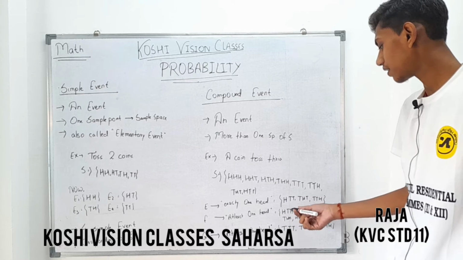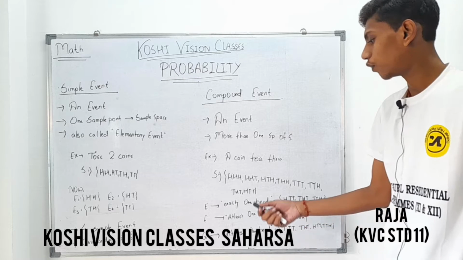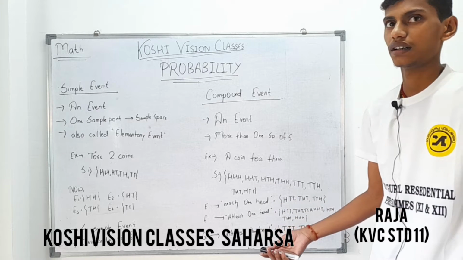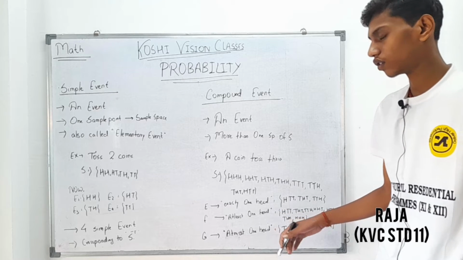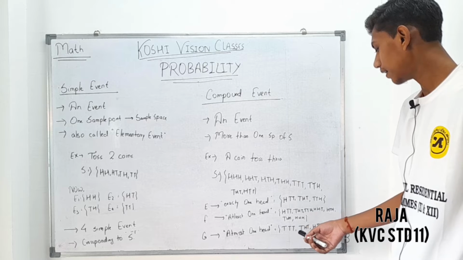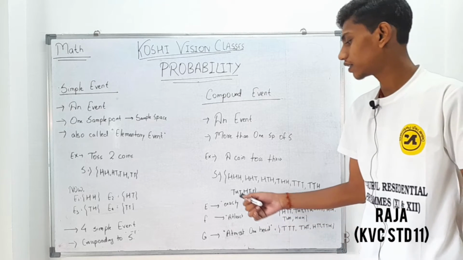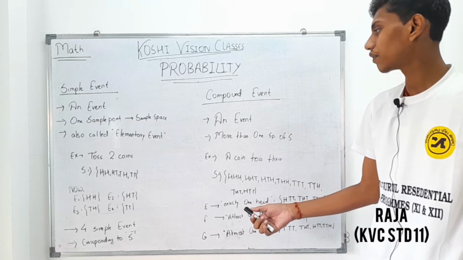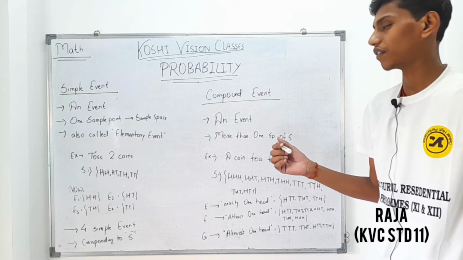Answer will be head tail tail, tail head tail, tail tail head, etc. For G event, at most one head. It means one head or no head. Answer is tail head tail, head tail tail and TTH. These three events have more than one sample point of the sample space, so these are examples of compound event.